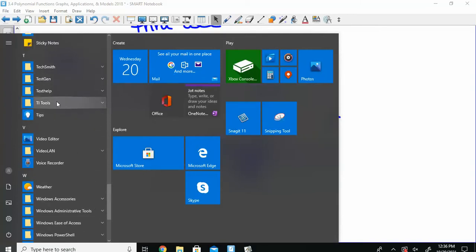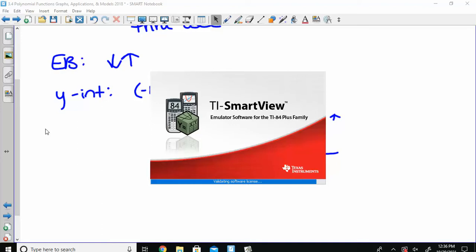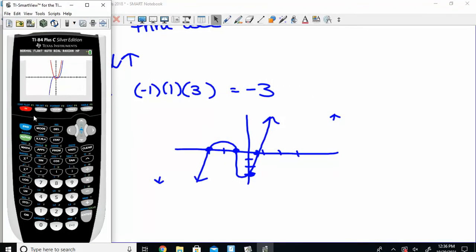If you compared it to your calculator, so originally we had 2x minus 1 times x plus 1 times x plus 3. So it's not too bad.